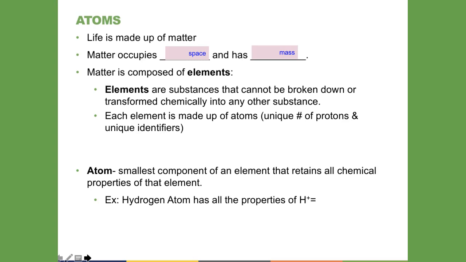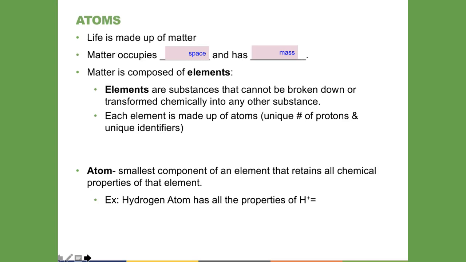So let's say hydrogen, for example, and that's the example I have down below. Hydrogen atoms have all the properties of hydrogen. So all of the atoms of hydrogen are going to be gas at room temperature.